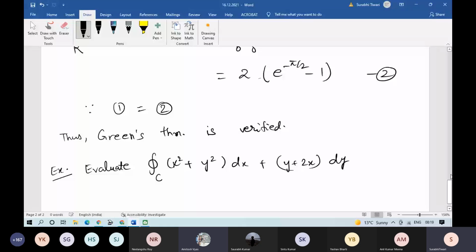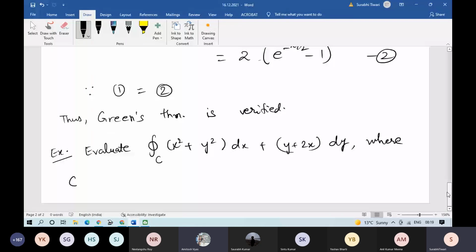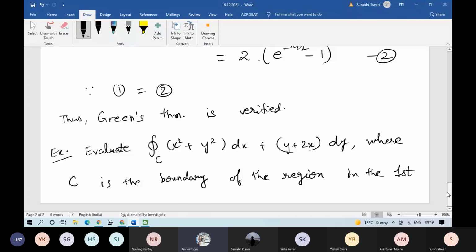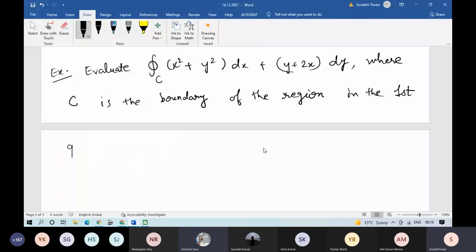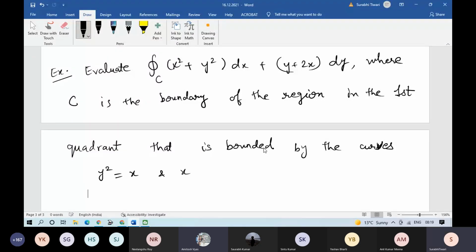So this is f and this is g, where C is the boundary of the region in the first quadrant that is bounded by the curves y square is equal to x and x square is equal to y.